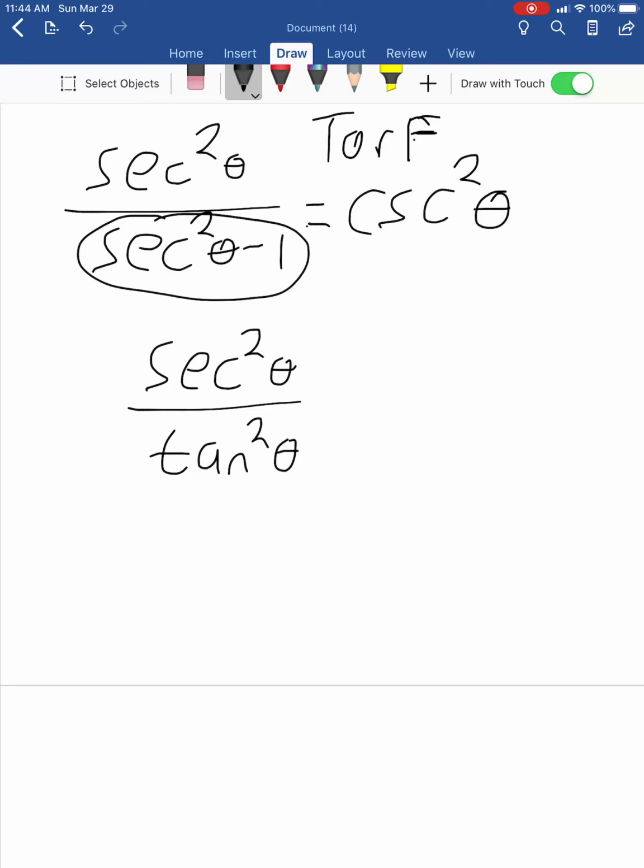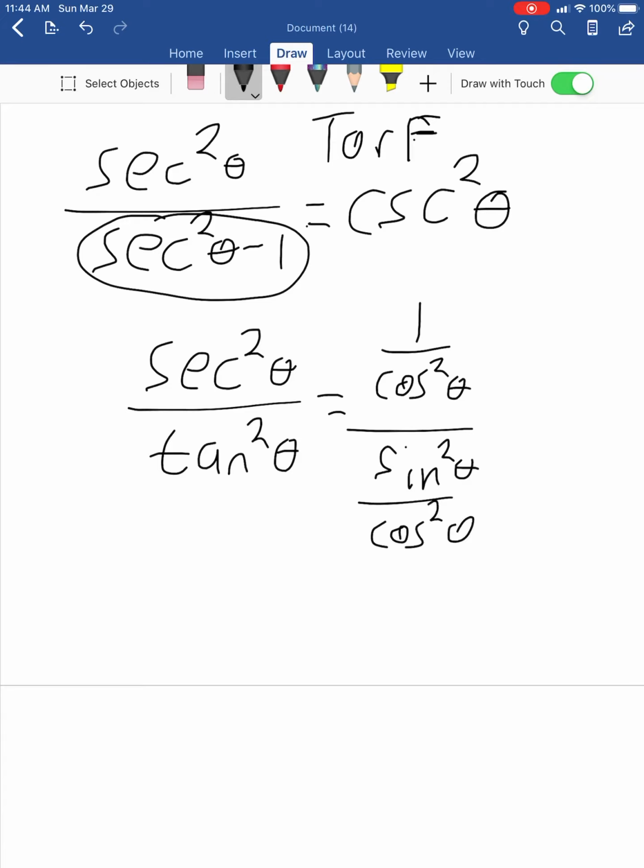Okay? So I'm going to rewrite secant as 1 over cosine squared. I'm going to rewrite tangent as sine squared over cosine squared. And those are just simple identities. I'm just rewriting them in a different form. They're equal. Secant squared is the same as 1 over cosine squared.